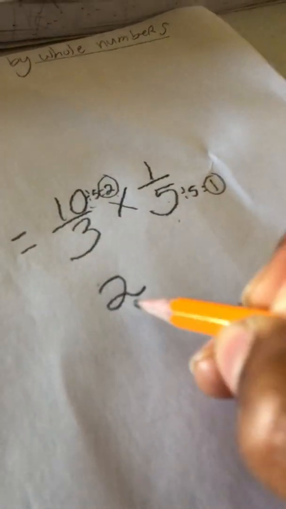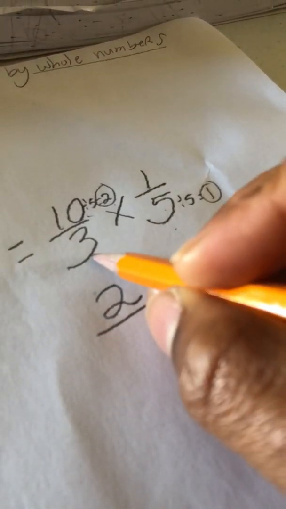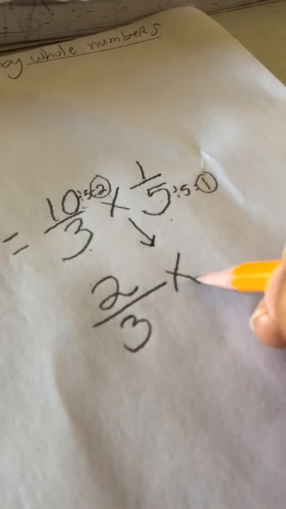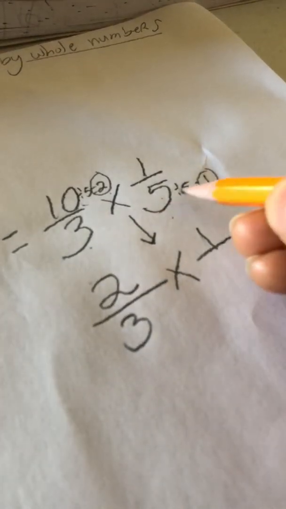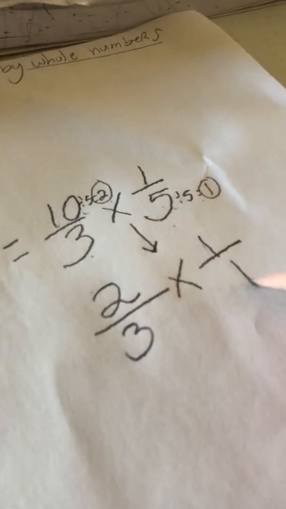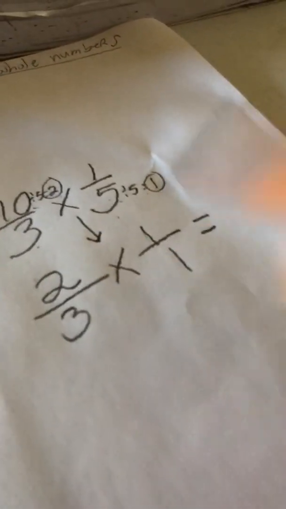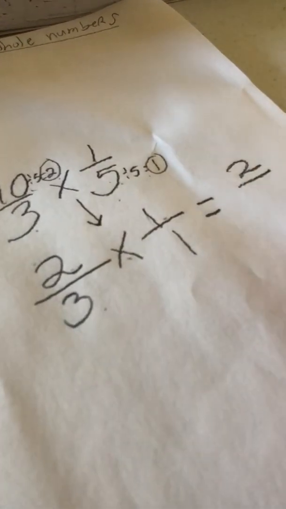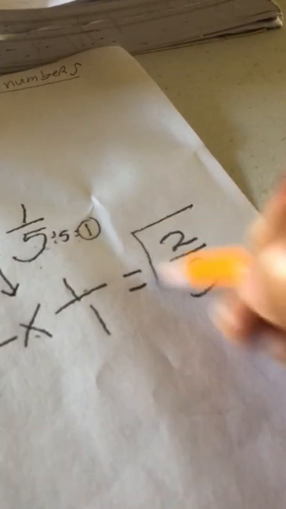So our new numbers are now not 10 but 2. The 3 is still the same. Bring down the x. 1. And the 5 is now 1. So now we can multiply. So 2 times 1 is 2. And 3 times 1 is 3. That's our answer. Okay? That's our answer.